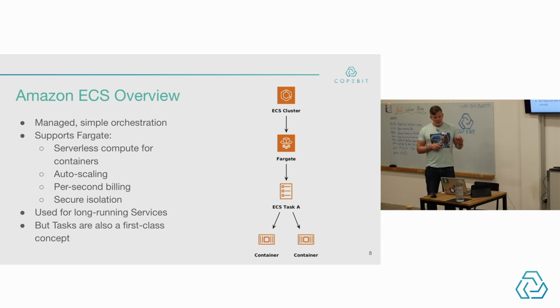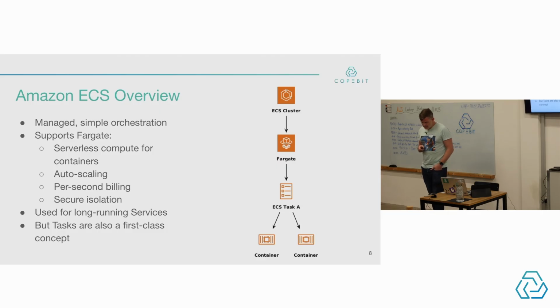In Kubernetes lingo, a task in ECS is basically a pod on Kubernetes, and a service is a deployment plus a service in the Kubernetes or EKS world. An ECS cluster is basically a node group or worker nodes.